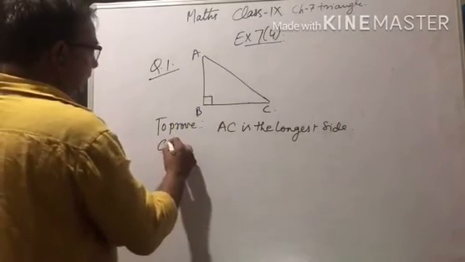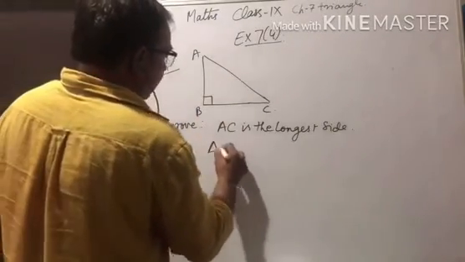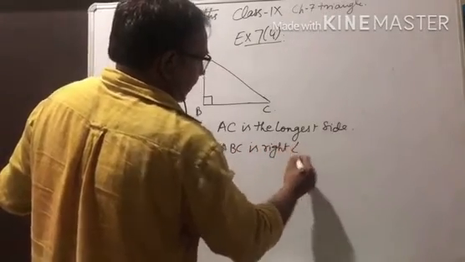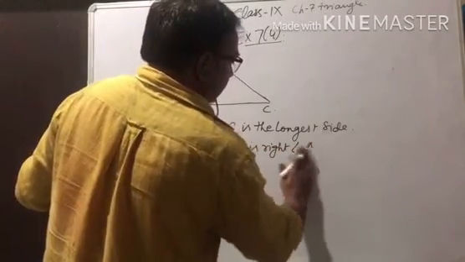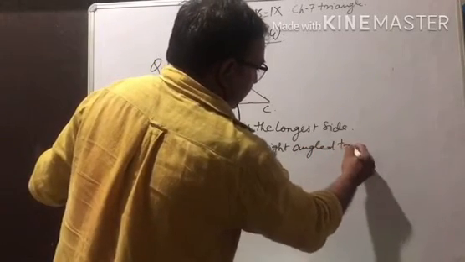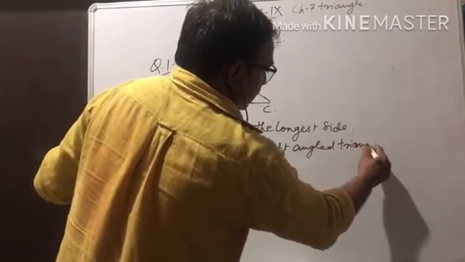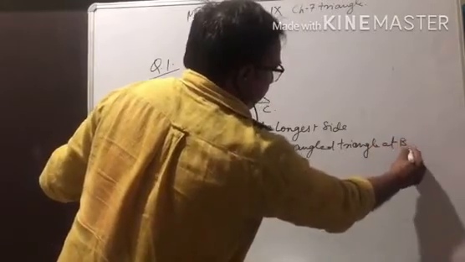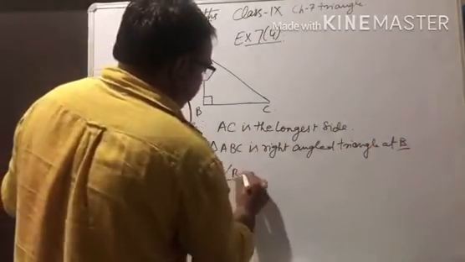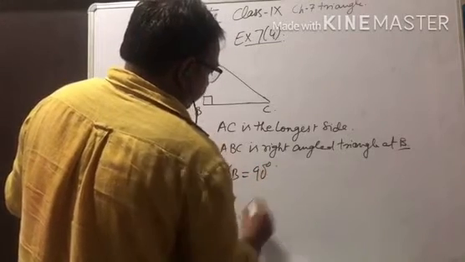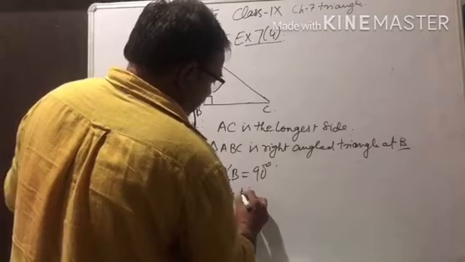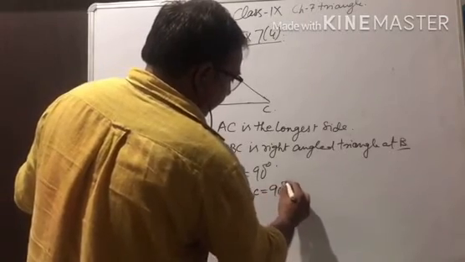Given: triangle ABC is a right angle triangle at B. B is the 90 degree, so angle B is equal to 90 degree. So angle A plus angle C is equal to 90 degree.